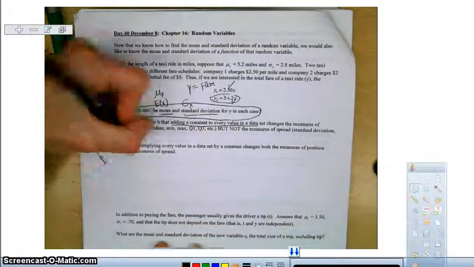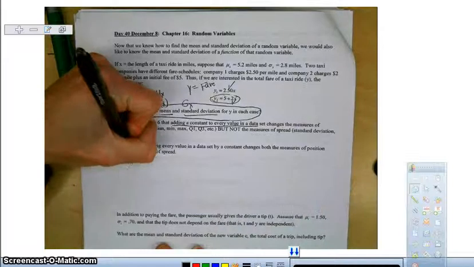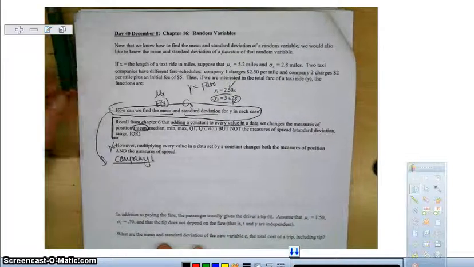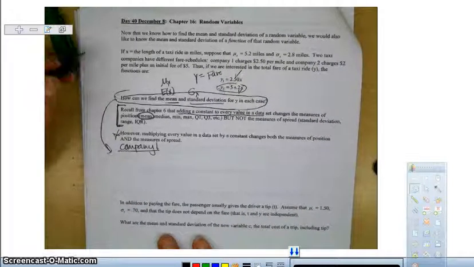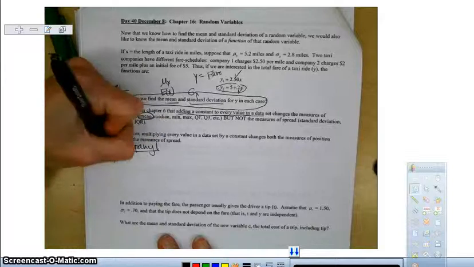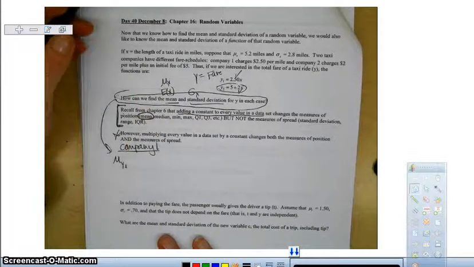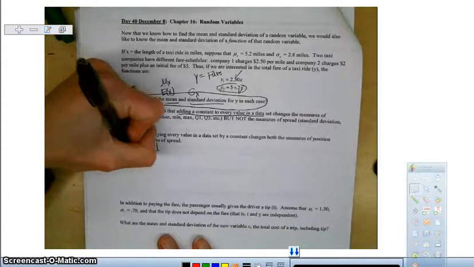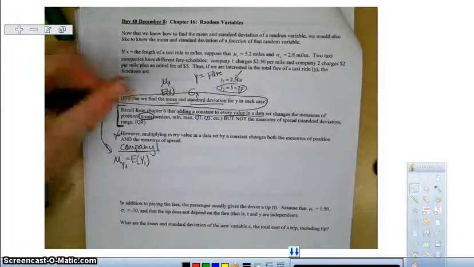So, company 1, the mean of Y for company 1 is very simple. That's the same as the expected value of Y for company 1.